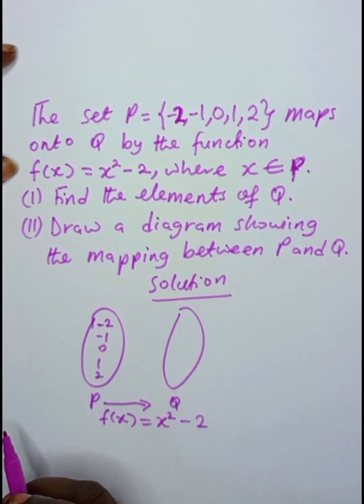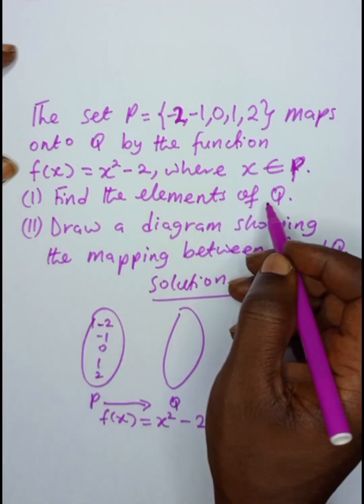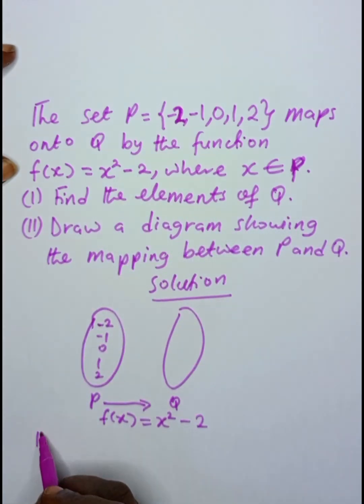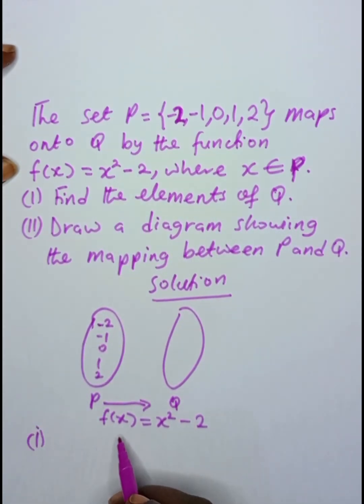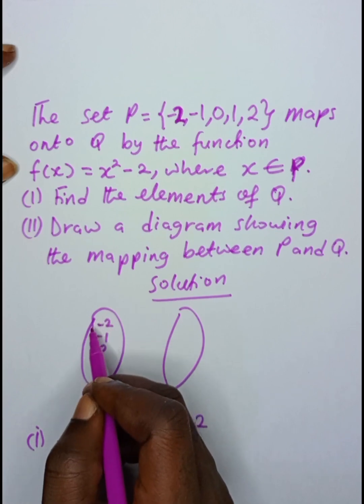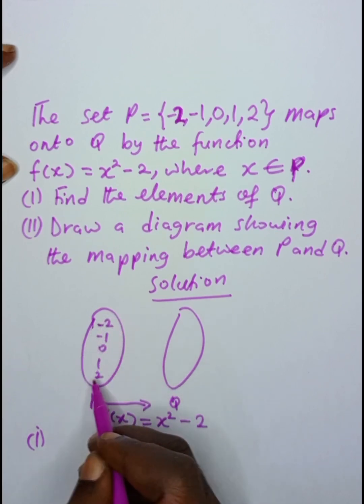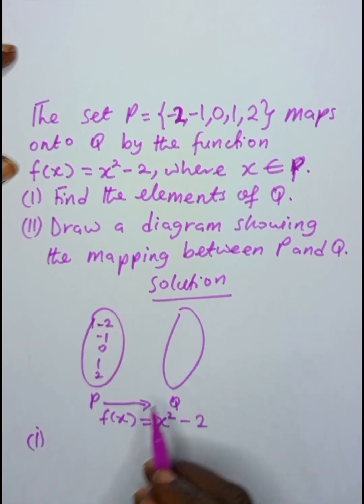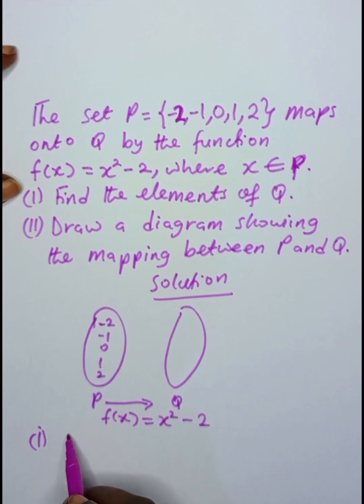Now, question (i) says find the elements of Q. We know that it is this function f of x equals x squared minus 2 that is helping us to transform the elements of P to get the elements of Q. So we are going to use that function.